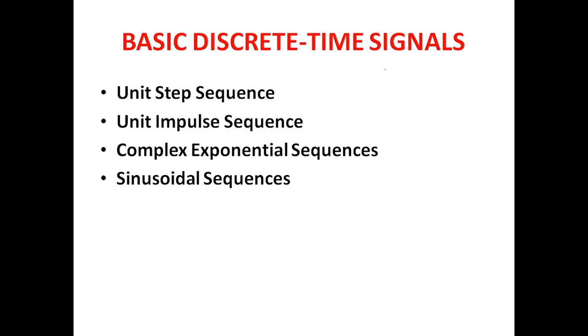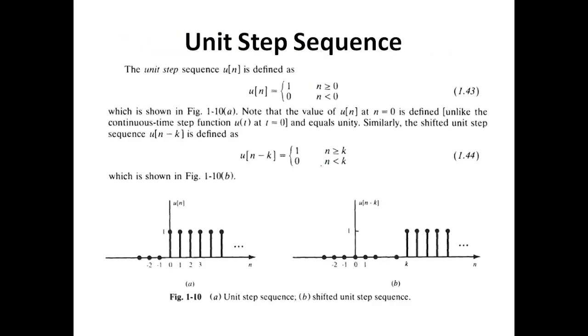Now coming to the basic discrete time signals. The same thing, but in the discrete time domain, we have the unit step function, unit impulse function, complex exponential sequences, and sinusoidal sequences. For the unit step, from n equals 0 to infinity you have an amplitude of 1, and it goes on.